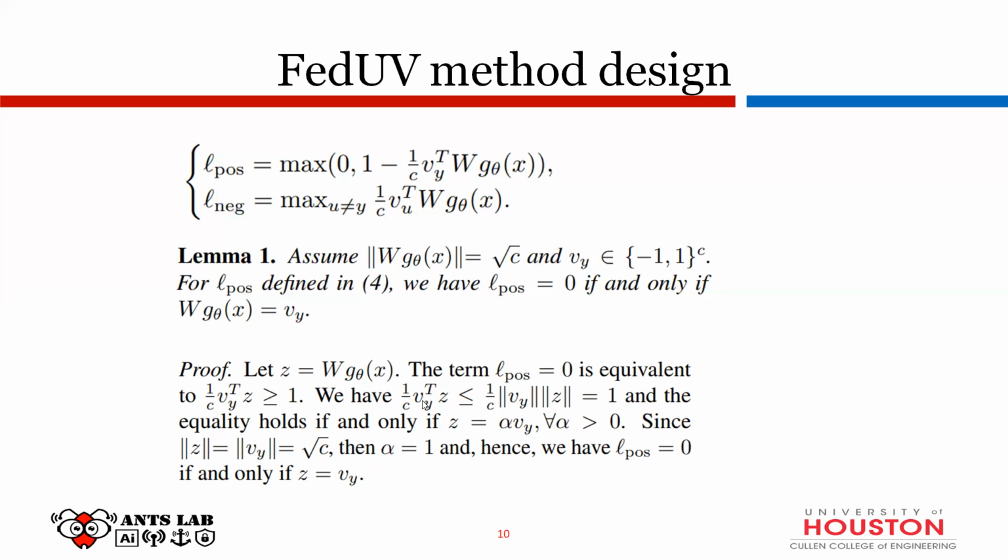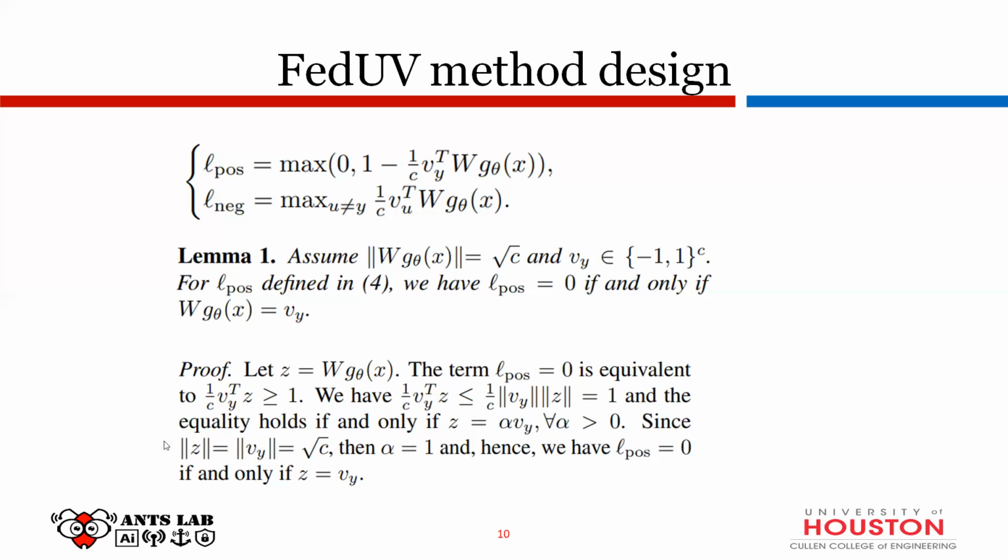And now we can say that this, Vy and Z, which is the secret embedding, equals 1. And the equality holds if and only if Z equals alpha Vy for alpha larger than 0.